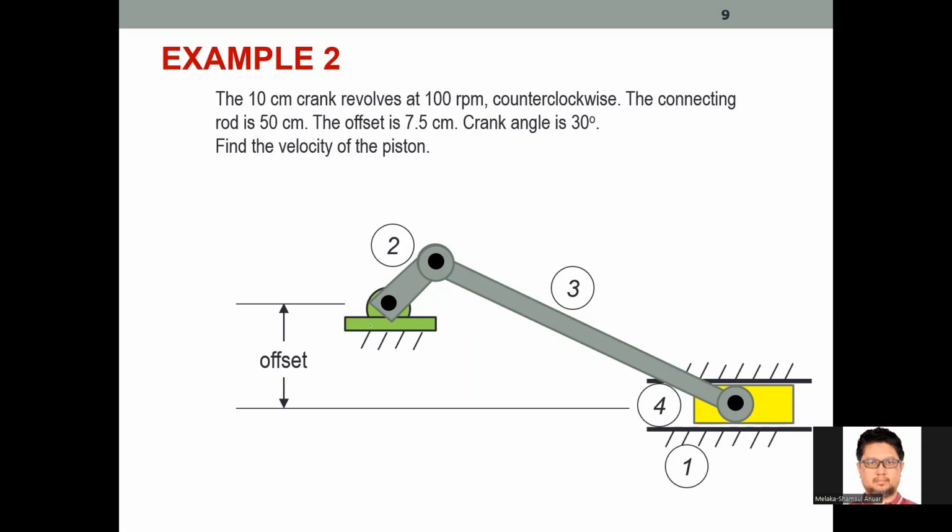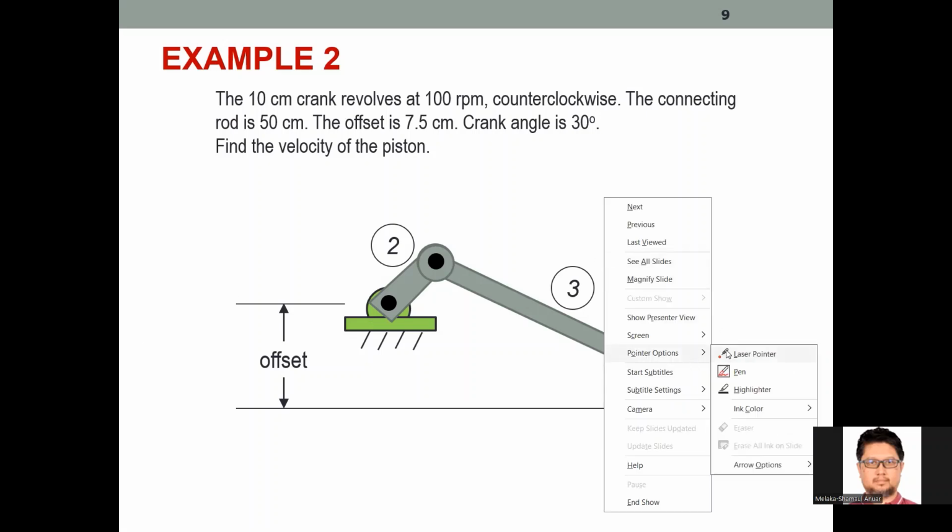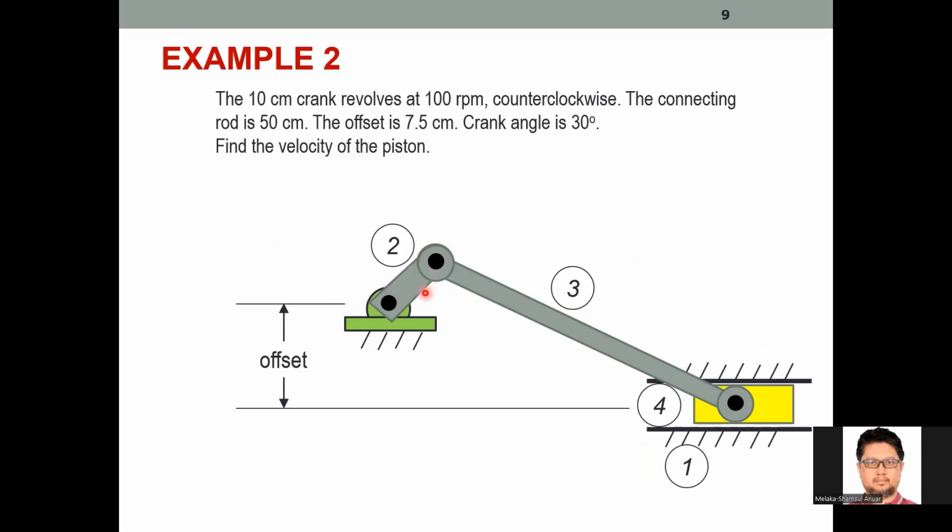In this example, you have a 10 cm crank, where usually a crank is the input that can rotate a full 360 degrees. It is rotating at 100 RPM counterclockwise, CCW. The connecting rod, which one is the connecting rod? Link number 3.